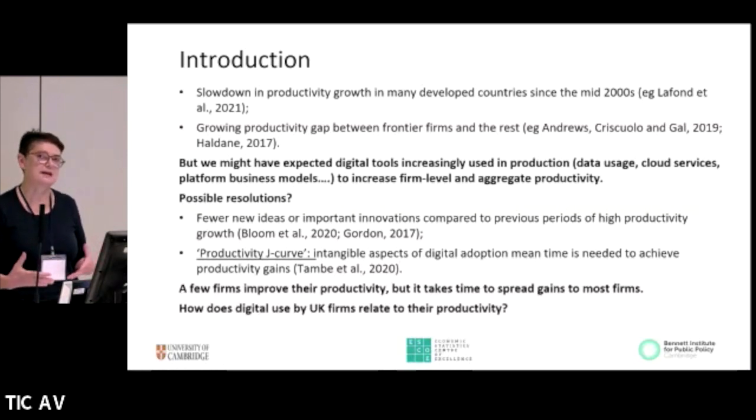And the hypothesis then is that it starts with a few firms and takes time to spread gains to most other firms. So a lot of the literature has looked at the US, some of it's been cross OECD, and we wanted to dig into this for the UK data.